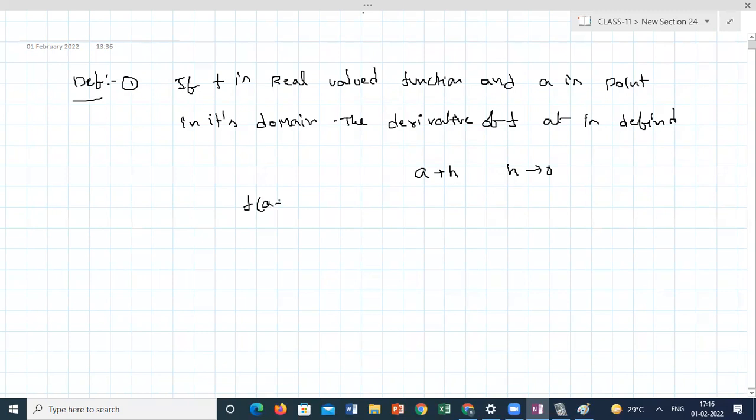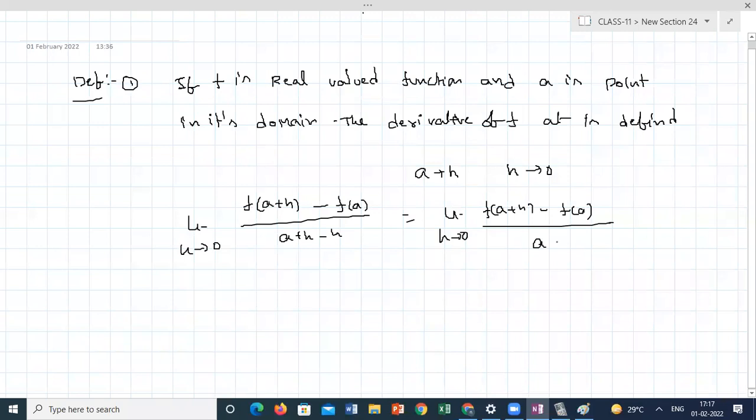The change in the function is the new value minus the initial value, divided by a plus h minus a, that is h. So it is limit h tends to 0, f of a plus h minus f of a, divided by h. Sorry guys, this is a, this is h. This is called the derivative, provided this limit exists.